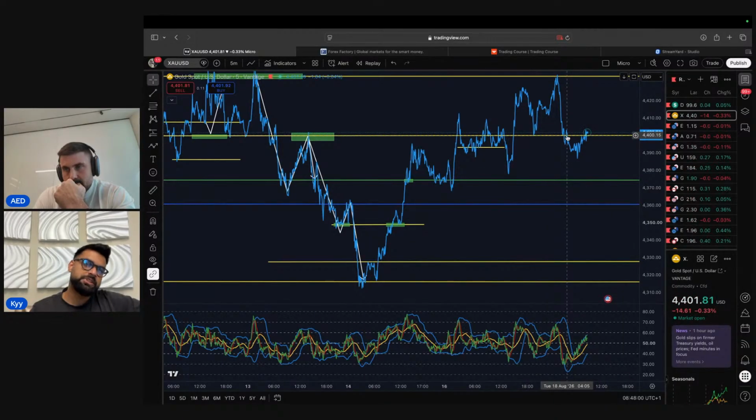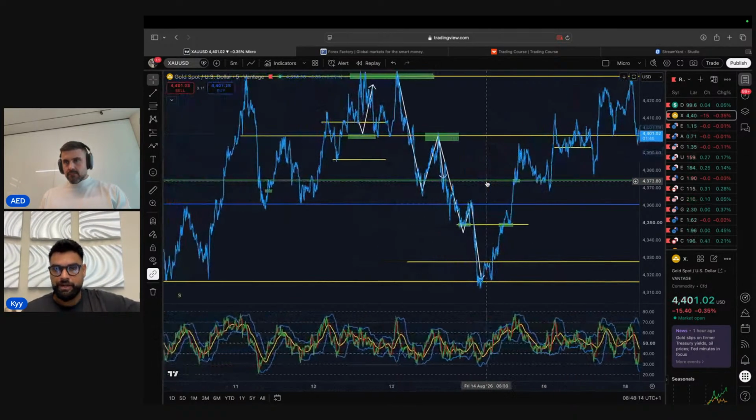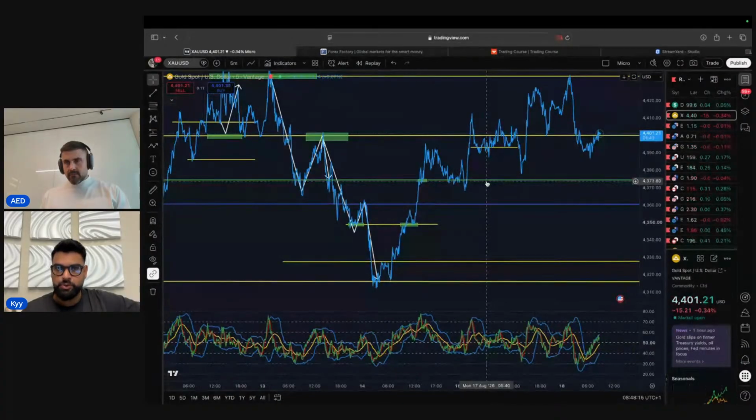4,400 has previously been a very important area of interest due to numerous reasons. This is something which years of experience and years of education allows a trader to identify. This is not just the area of interest for now, but even in the past, when the market was creating a lot of higher highs and new structures and new patterns, this zone played a very huge role. So I would advise anyone and everyone, of course, nothing is financial advice.